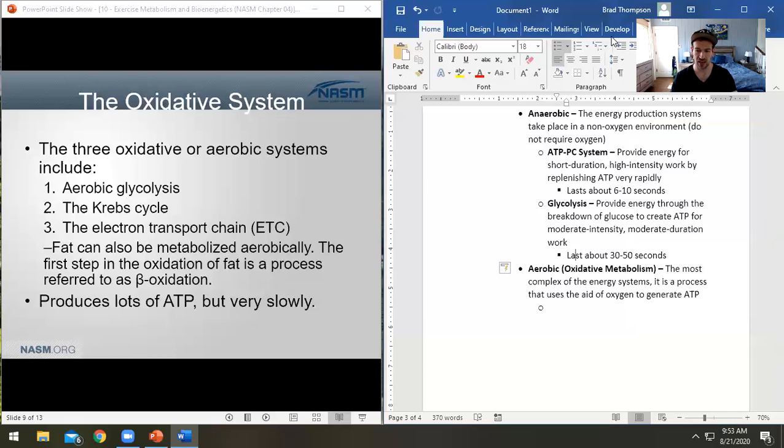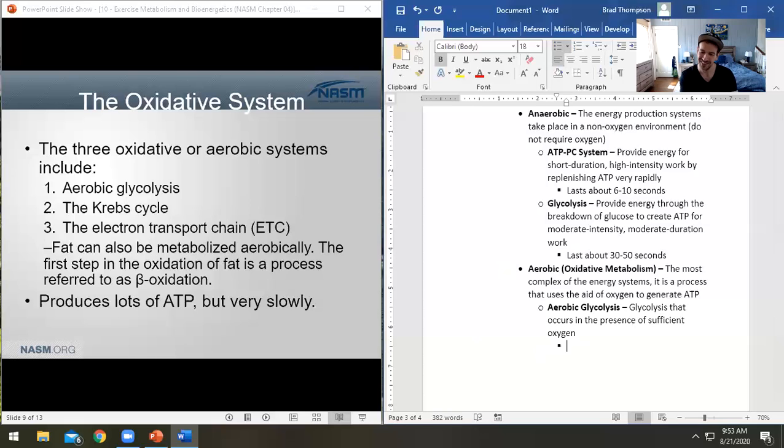Let's go ahead and look at this process here. So aerobic glycolysis is going to be glycolysis that occurs in the presence of sufficient oxygen, right?